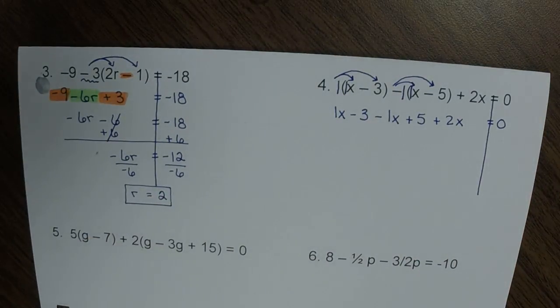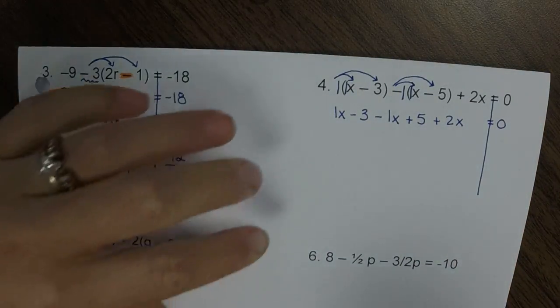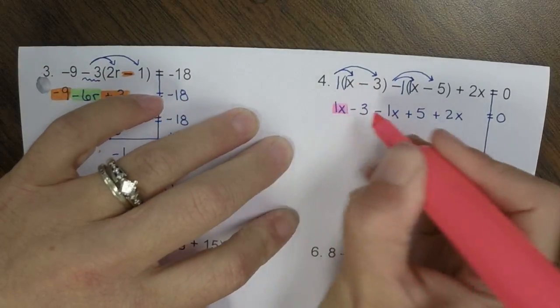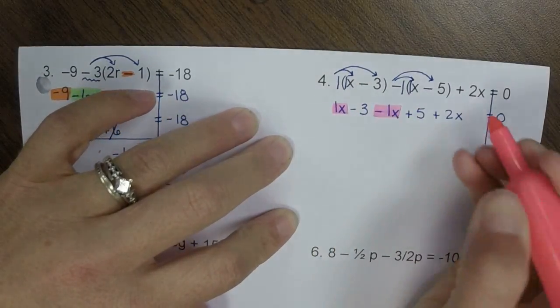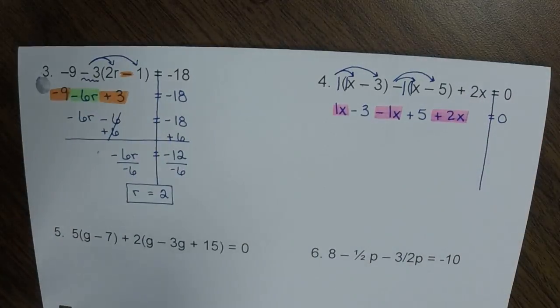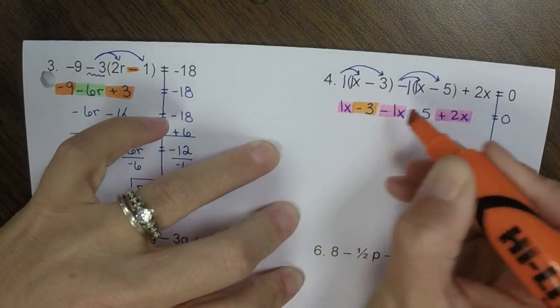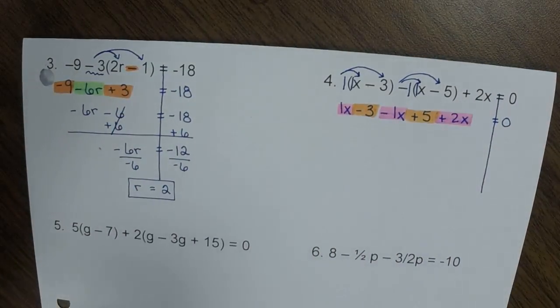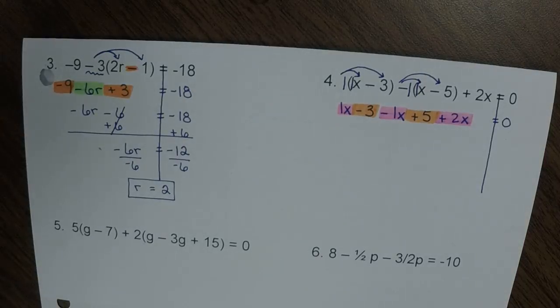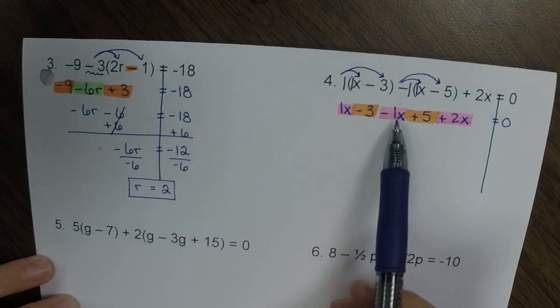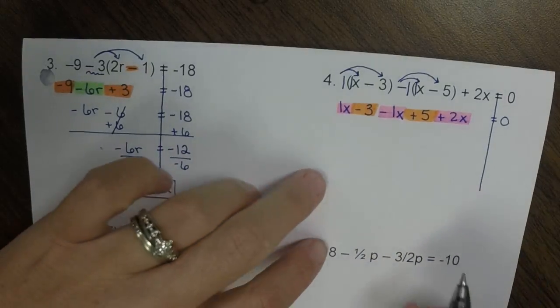So now we're ready to combine like terms on sides separately. So I've got 1x minus 1x and then plus 2x. And then here's a -3 and a +5. So 1 minus 1 is 0, plus 2 is 2.